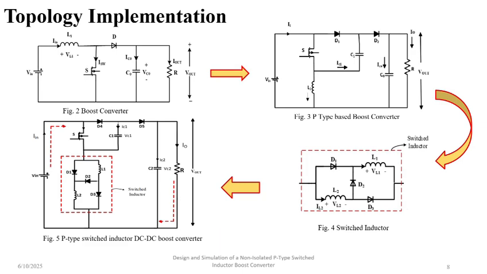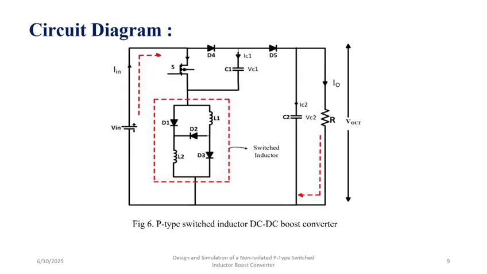And figure 5 represents the P-type switched inductor DC-DC boost converter, which came by combining figures 3 and 4. And this is the final topology, that is the P-type switched inductor boost converter.